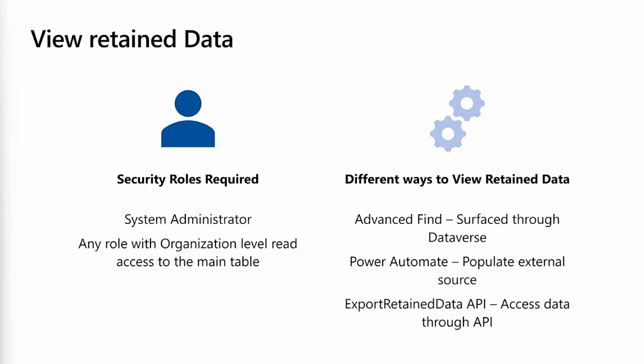The way it could be done is that for that particular record, he can be given organization-level read access on that particular table. By virtue of that, he will also have access to that table in the cold storage. So the same security model that we have for Dataverse flows into the cold storage as well.